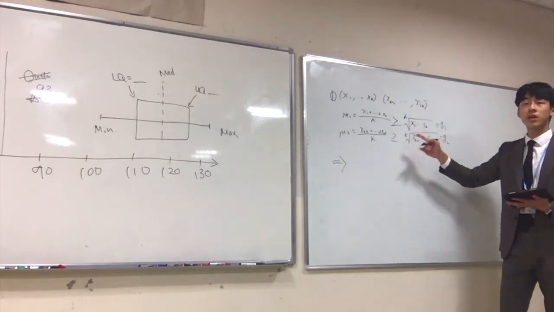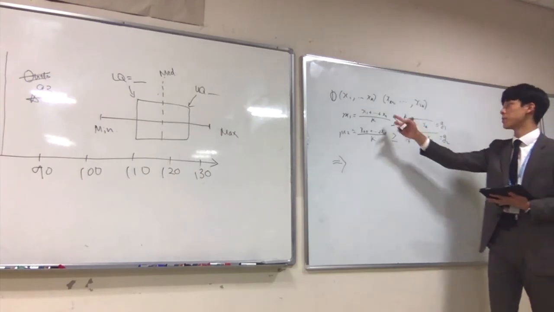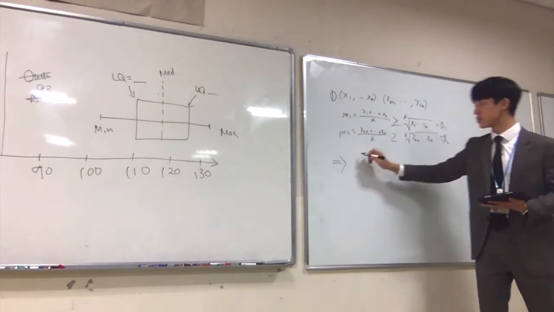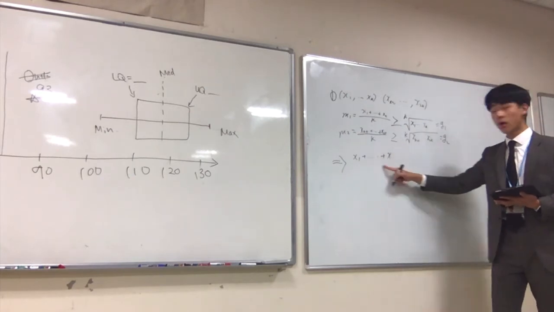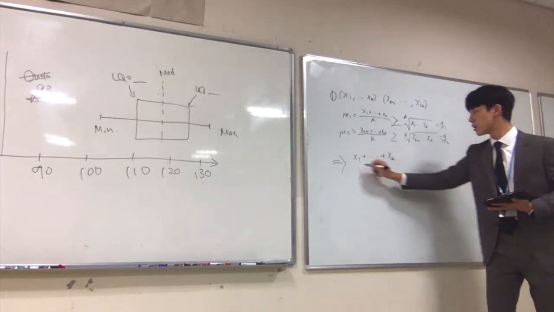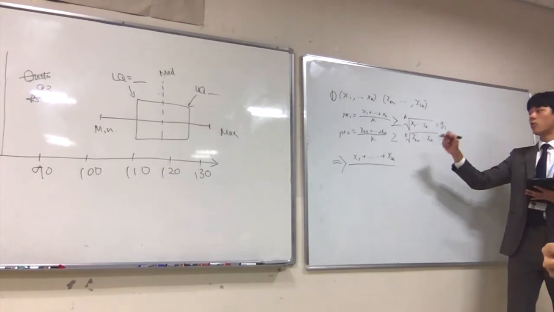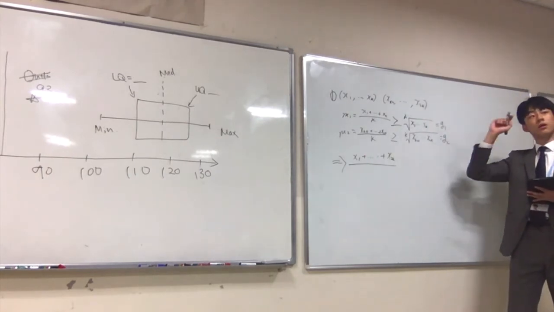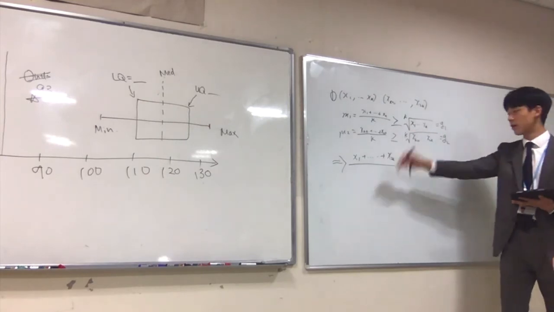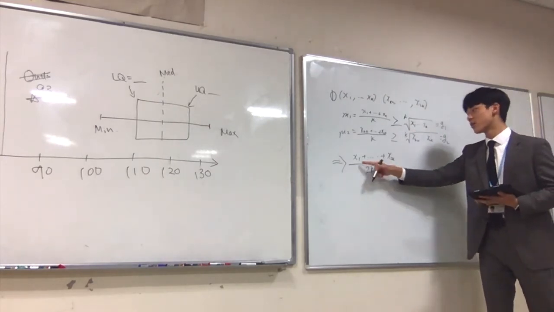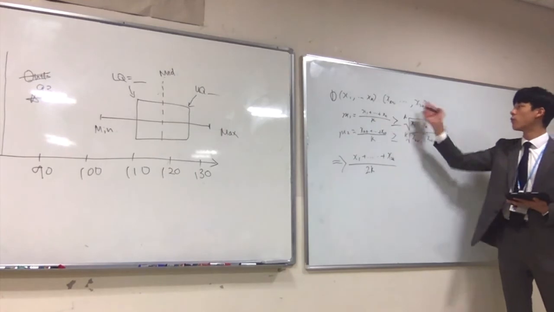Then let's consider the arithmetic mean of the 2k numbers, which is all of these combined together. That will be x1 added all the way up to 2k divided by, what would it be divided by? Yeah, it will be divided by 2k, because this is the arithmetic mean of all of these numbers here.